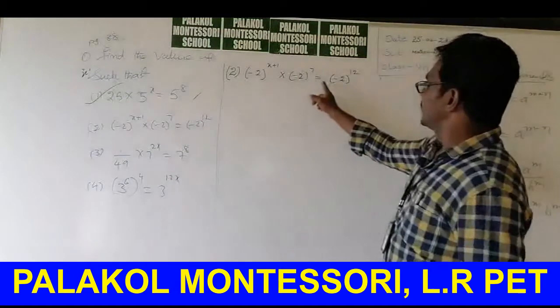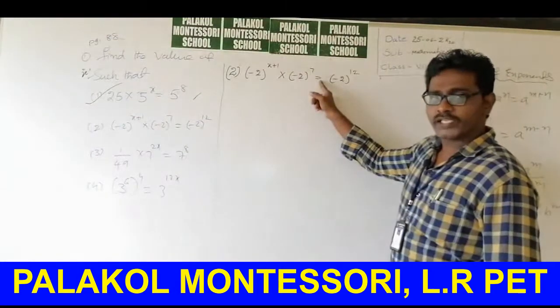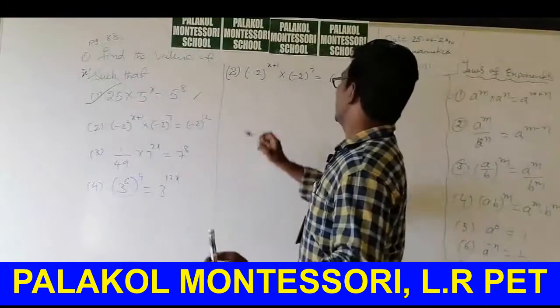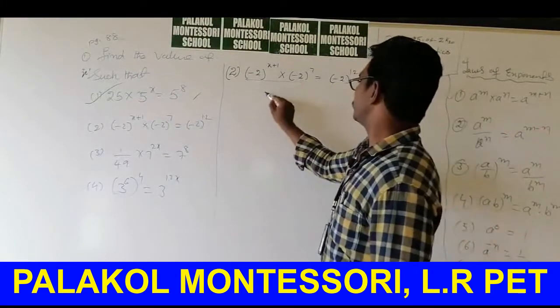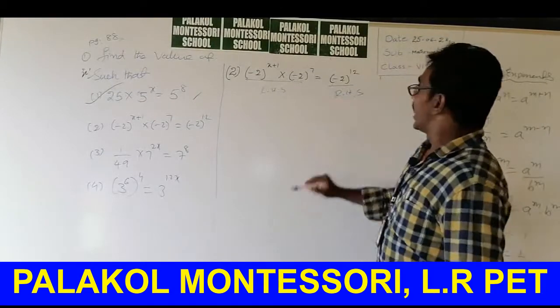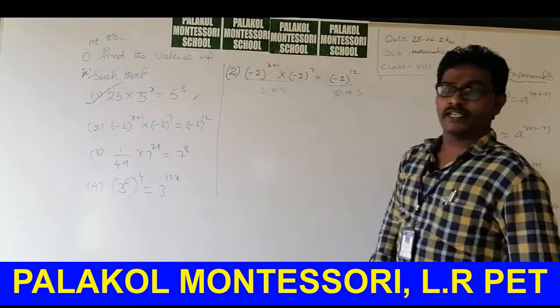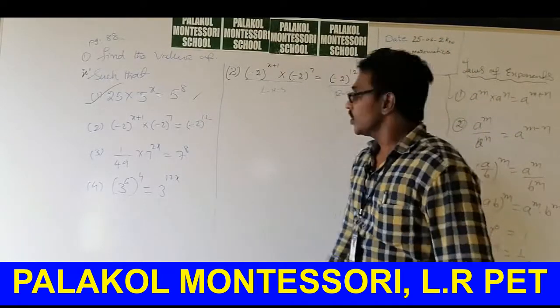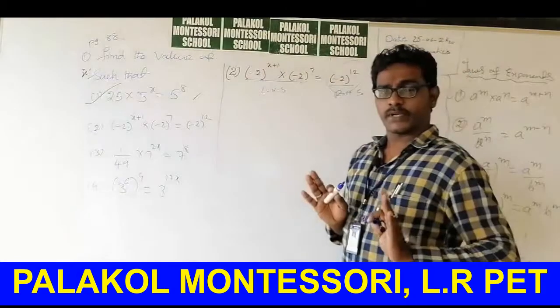If it is not there, that's simplification. See, this is an equation, you know that. This is the LHS part, and this one is the RHS part. On the RHS the single exponent is there, but on the LHS it is not a single exponent. So first you change it into a single exponent. How?